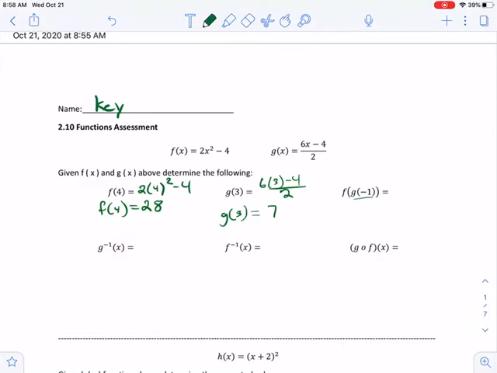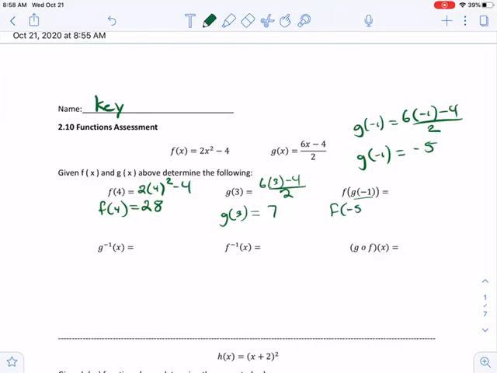This expression is saying take -1, plug it into g, get a result first, and then take that result and plug it into f. If I do this bit by bit, 6 times -1 is -6, minus 4 gives me -10, divided by 2, so this is -5.